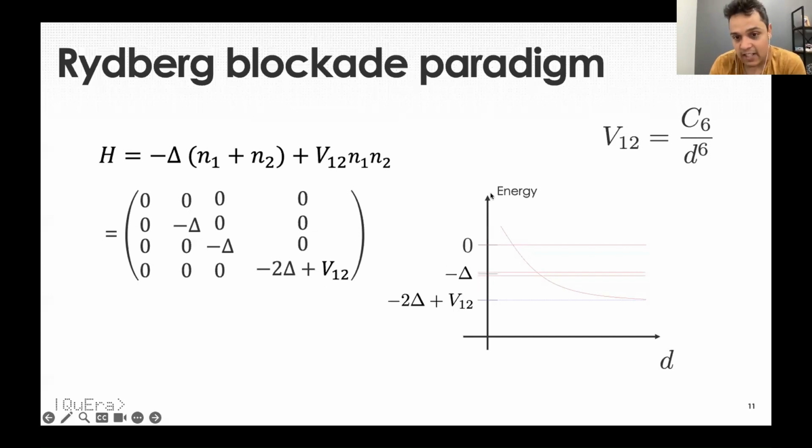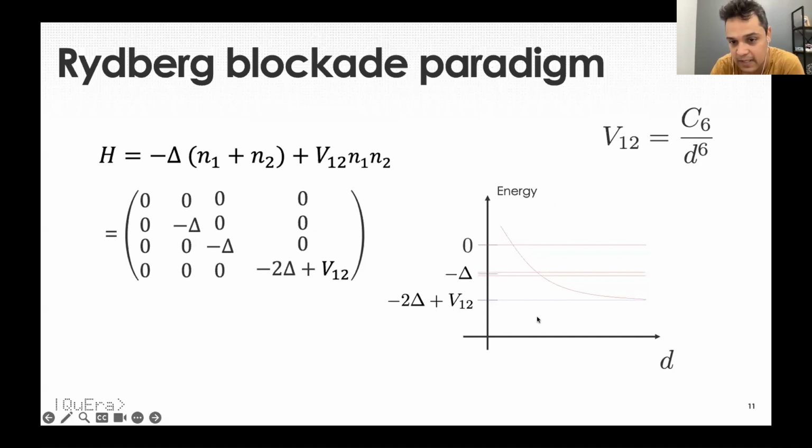If you look at the energy landscape of this as a function of the distance between these 2 atoms, what you see is that 0 remains 0 independent of the distance, and the minus delta states also remain degenerate. But this state with 2 atoms excited ramps up because of V12. At the point that it crosses minus delta, you can equate minus 2 delta plus V12 equals minus delta and solve for the distance.